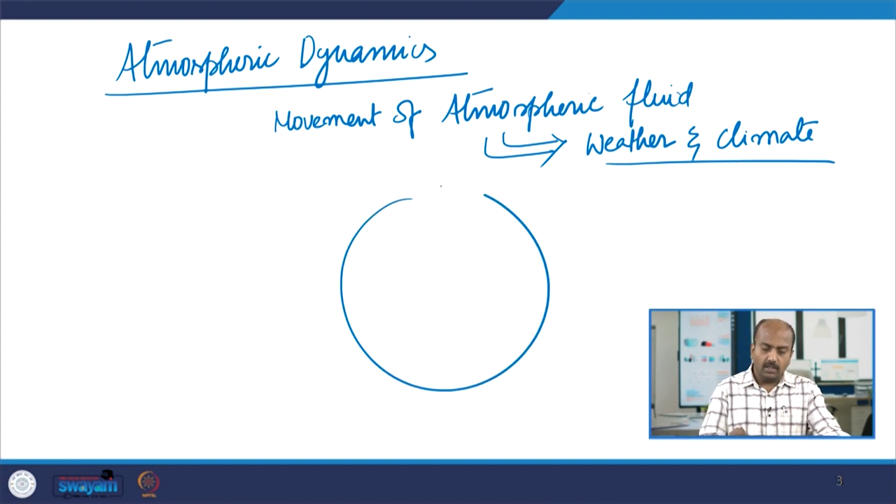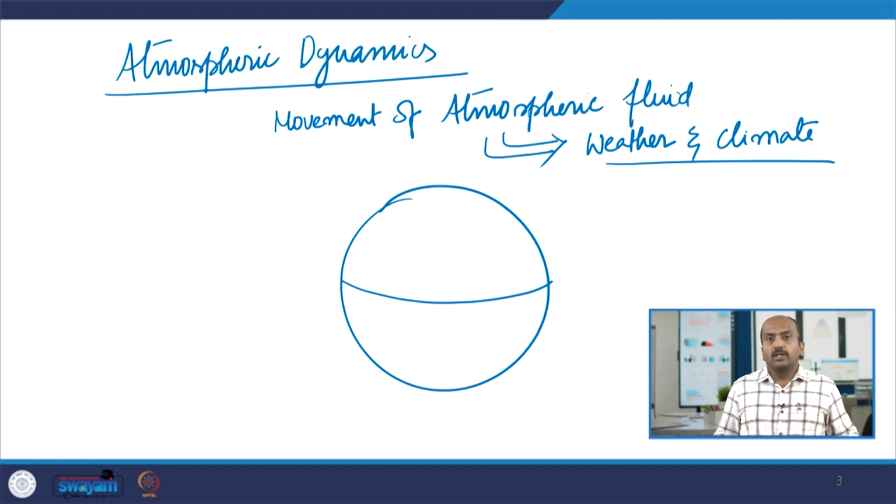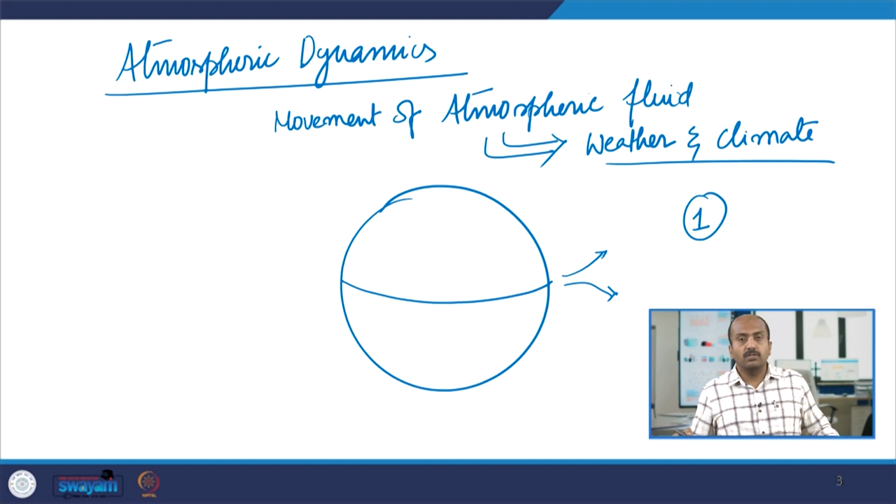If you see the earth, you will notice that there are several circulation patterns, but the most important, if you consider the one cell circulation of the atmosphere of the earth, you will realize that the air has to rise from the equator, because equator is where the temperature is maximum or more amount of heat is received.